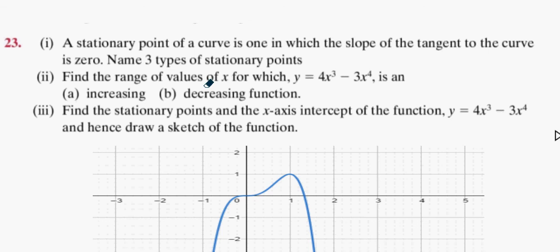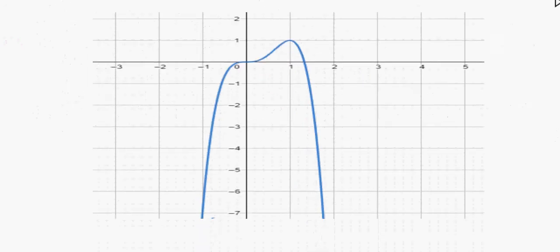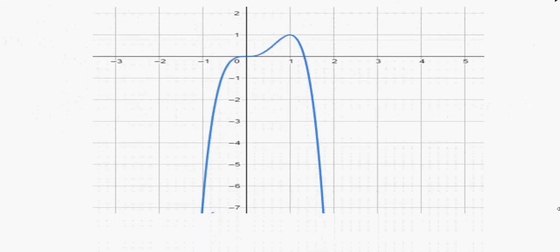Now, find the range of values of x for which y equals 4x cubed minus 3x to the power 4 is increasing or decreasing. Interesting. Alright, there's a graph of it. I just drew it out. And we can see that it's increasing where?